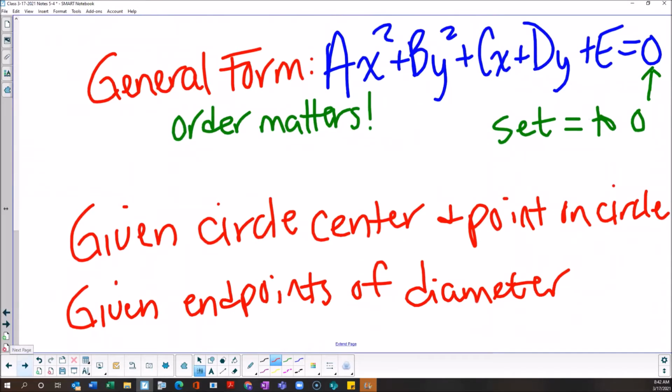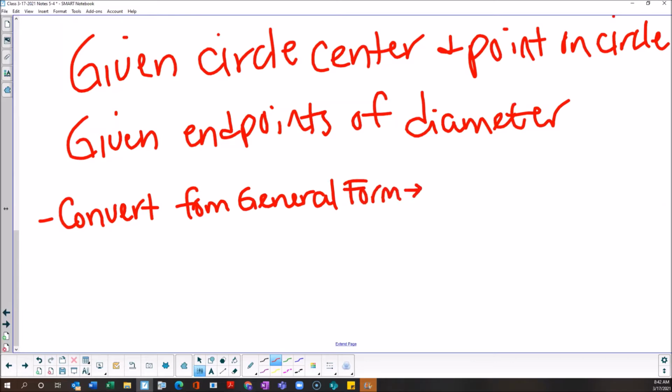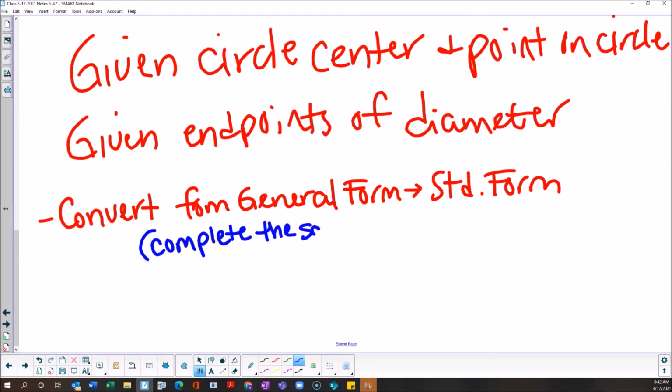Whoop, just getting too small here. And stating the center. Yeah, that's exactly right. And to do that, I complete the square. Right, and I might have to state the center and the radius.